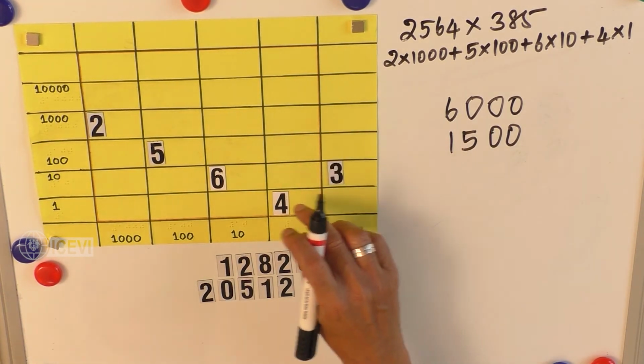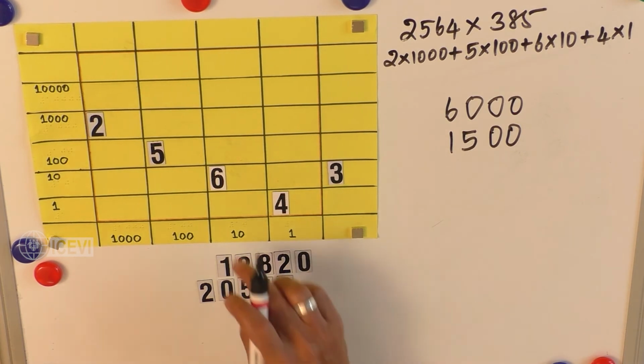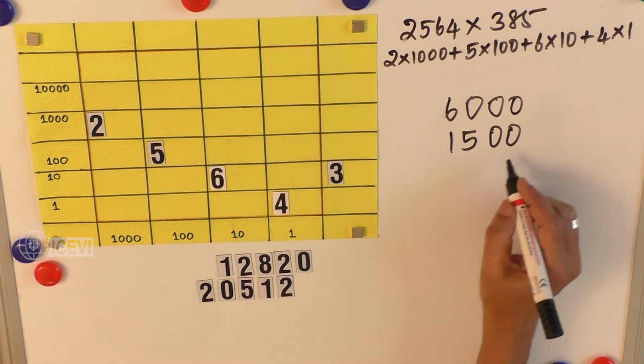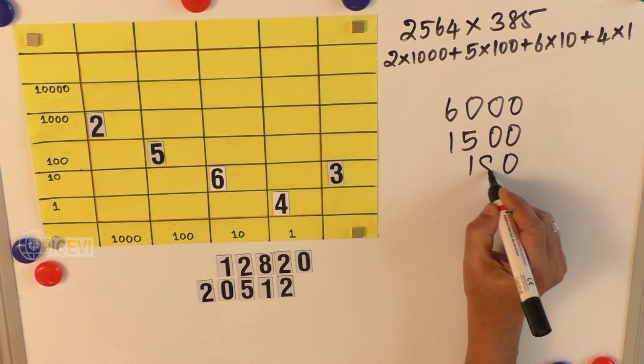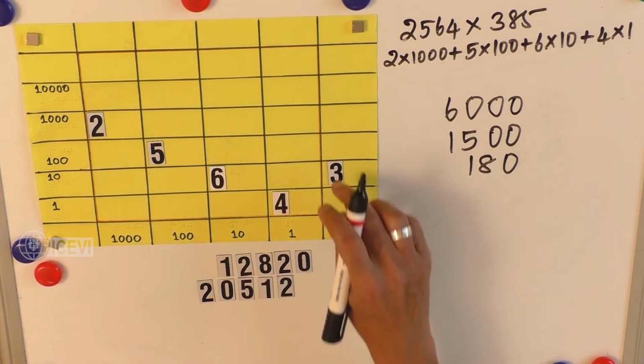Then you bring 3 to the tens column, that is 6 and 0, so you start with 0. 3 and 6, that is 18, so it is 180.